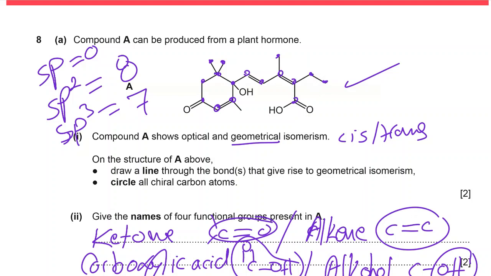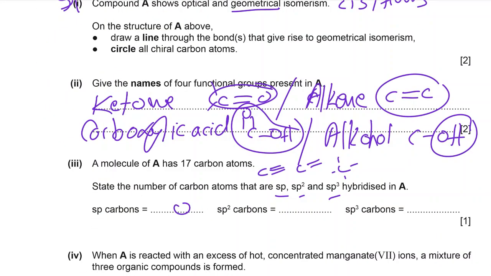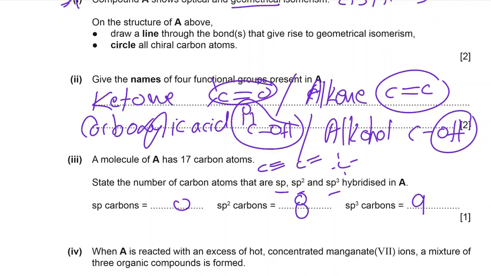Here 1, 2, 3, 4, 5, 6, 7, 8. So sp3. So this one's 16, but here 17. Wait, this one and this one. Okay, so sp3, it's 9. Okay. So sp is 0, sp2 is 8, and sp3 is 9.